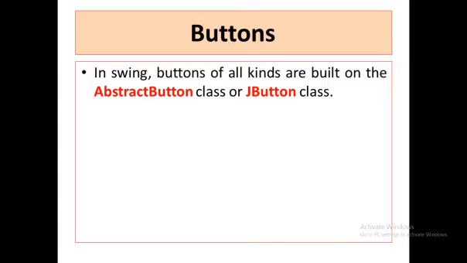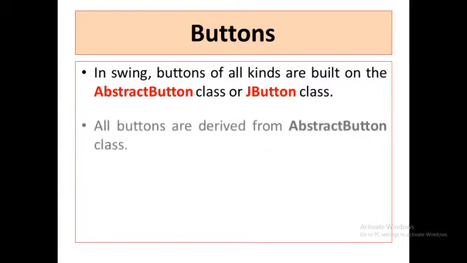It means the AbstractButton class is an abstract class, and the JButton class acquires the properties of the AbstractButton class, and we can implement or override the methods which are there in the AbstractButton class in our program.